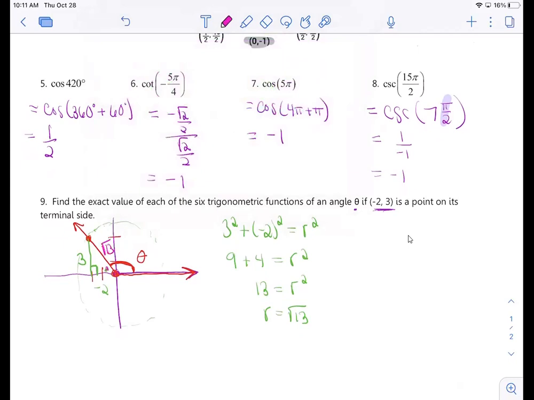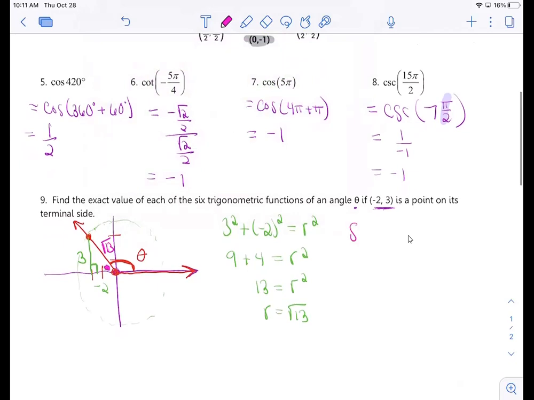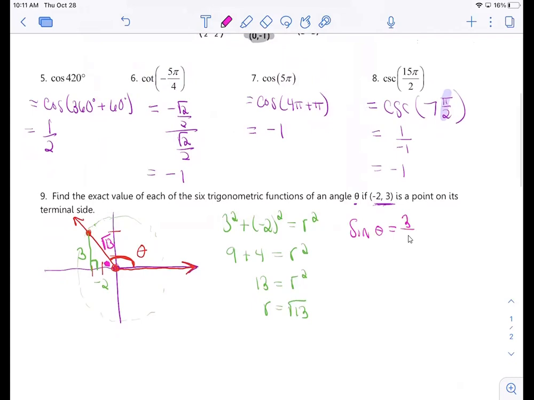Well, remember, we use our reference angle to help us figure out values. So sine of theta, I'm looking in that triangle from our first day we met, that's opposite over hypotenuse or your radius, however you want to look at it. I can't leave it like that. I've got to rationalize always. So we get 3 root 13 over 13.